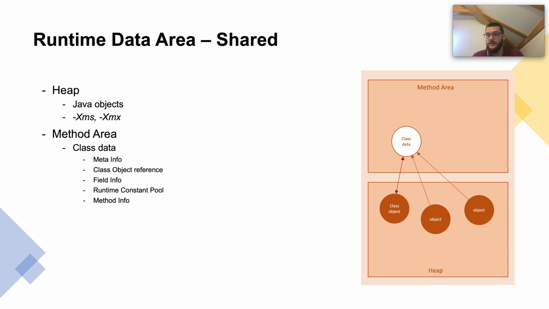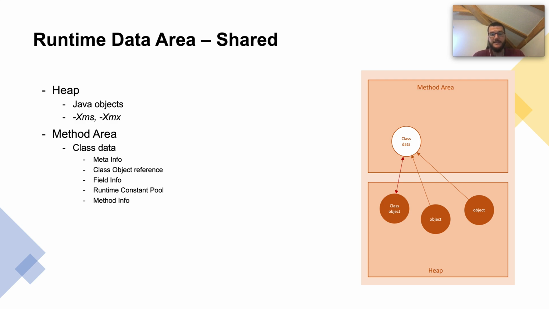The string constant pool is also located here, and some other stuff. And we also have method info, so info about the method itself: the name of the method, the return type, parameters and parameter types, as well as the bytecode of the body of the method. Method info also holds info about constructors.